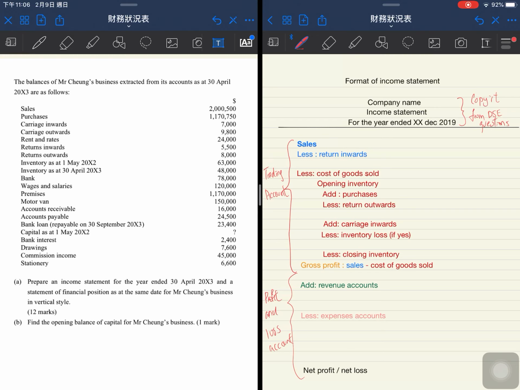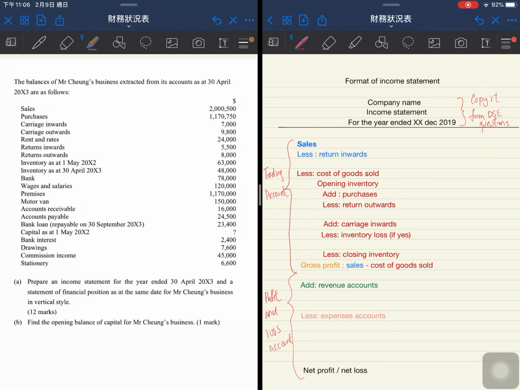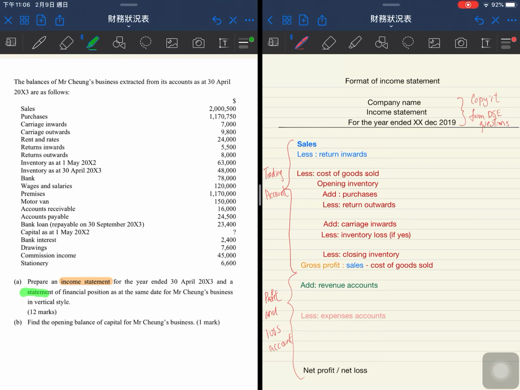The question asks us to prepare an income statement and statement of financial position for Mr. John's business, and we find the opening balance of capital.